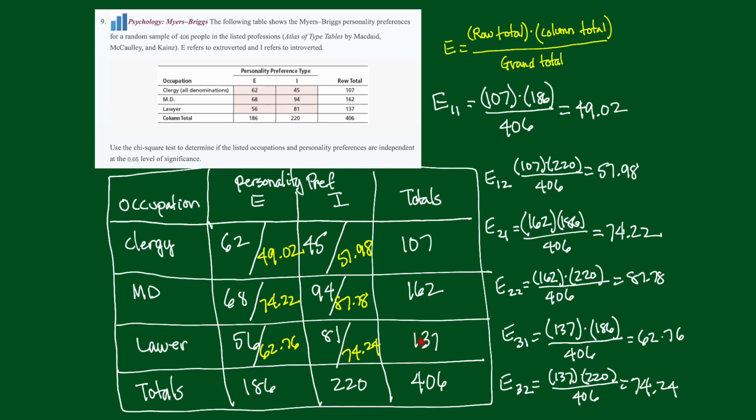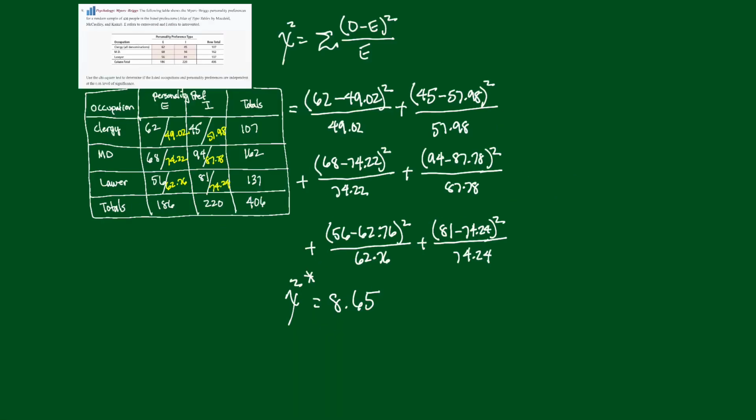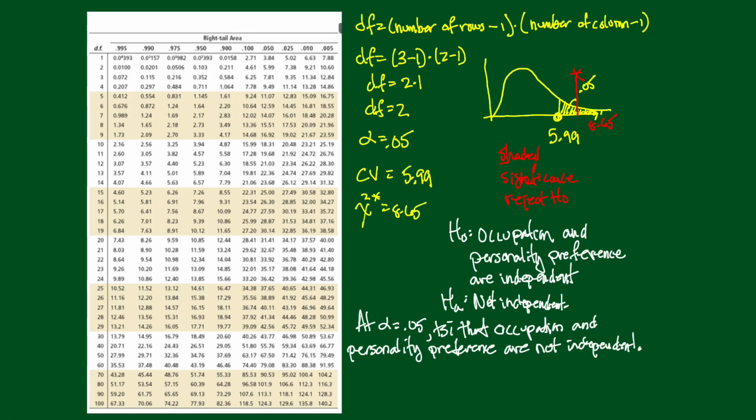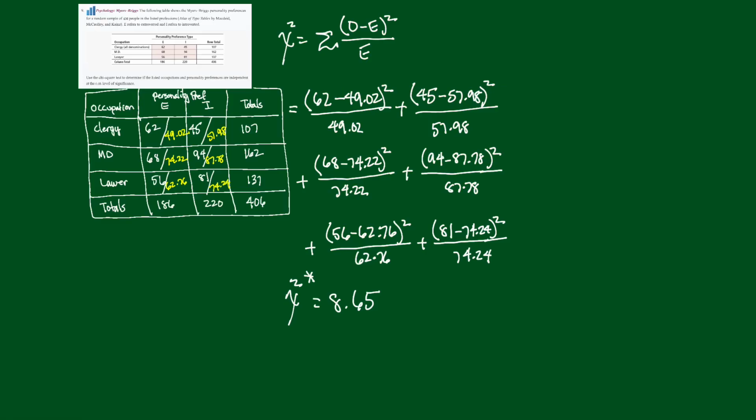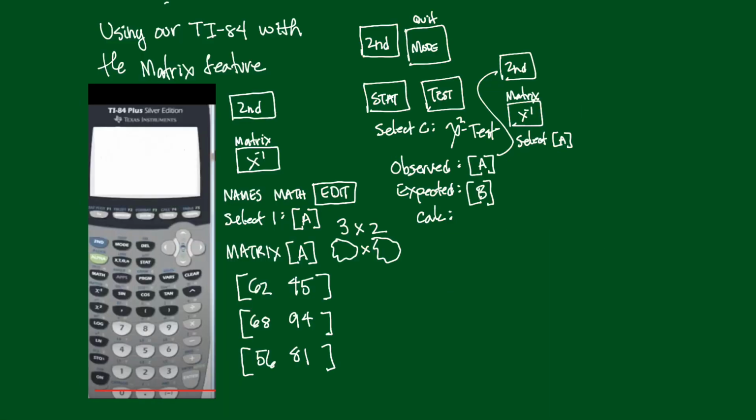We had to do all those computations, all of these, then all of these subtractions, then add them all up. Well, the calculator does all of that work for us. It puts all these yellow numbers in, does all those computations, puts all these expected frequencies back into our matrix and just stores them right as matrix B. Now just go to calculate.